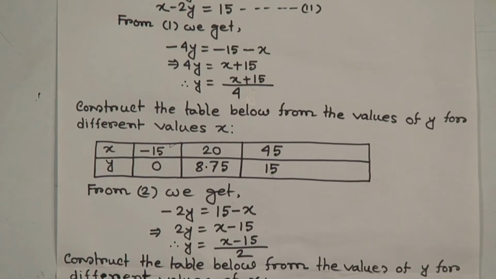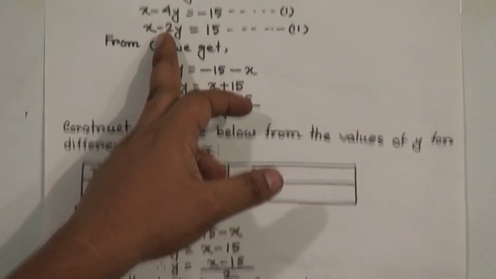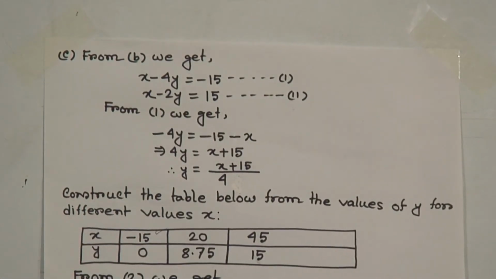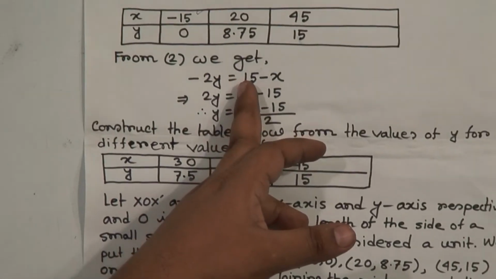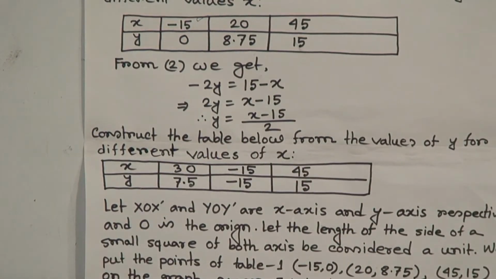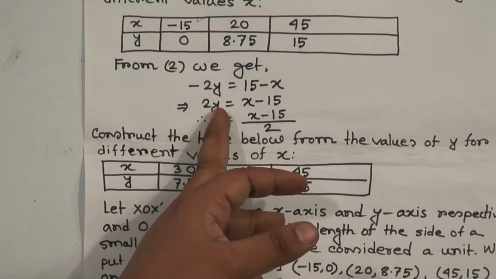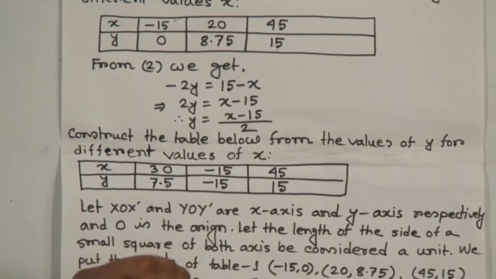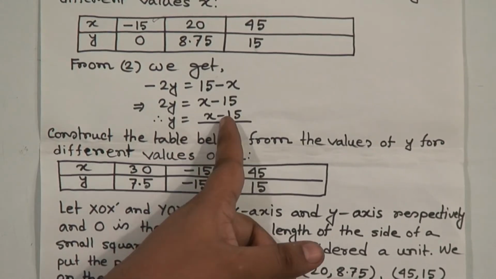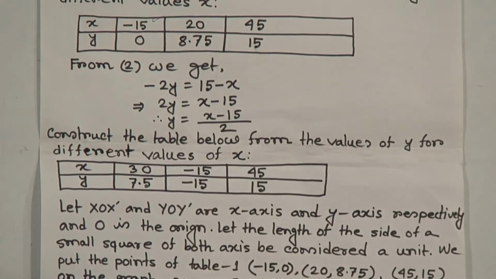In a similar way we find the different points using equation number 2. Notice, from equation 2 we get minus 2y equal to 15 minus x. After that we multiply both sides by minus 1 and we get 2y equal to x minus 15, and we need the value of y only. For this reason, y equal to x minus 15 divided by 2.